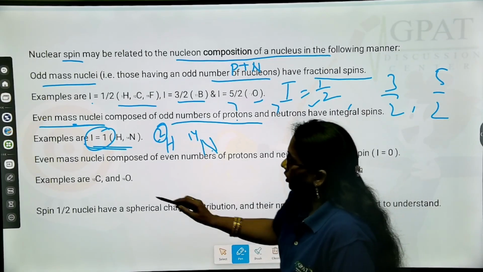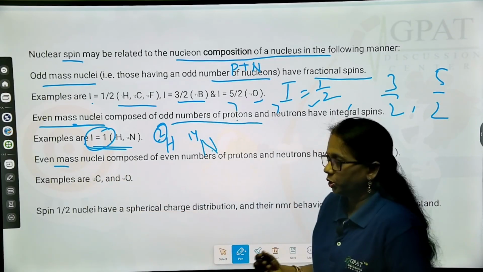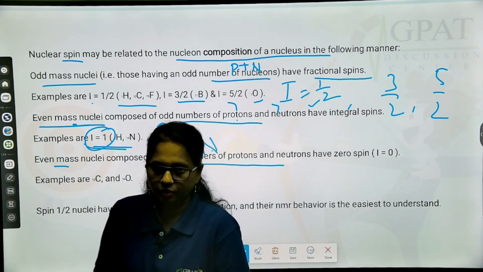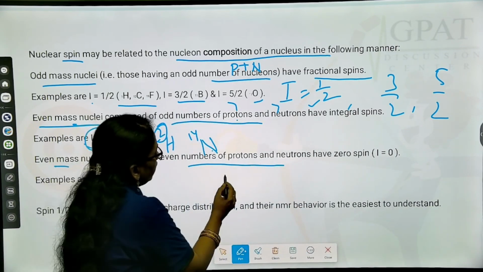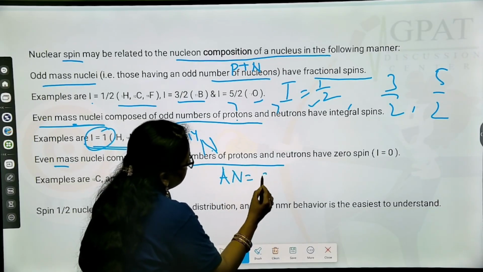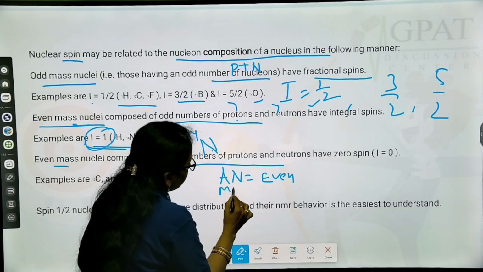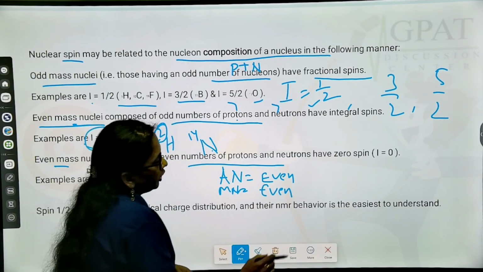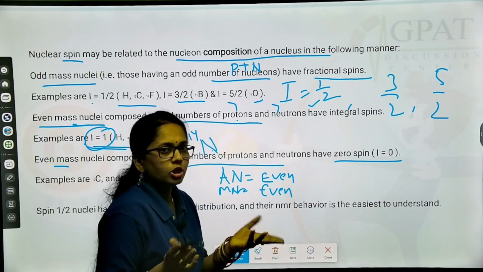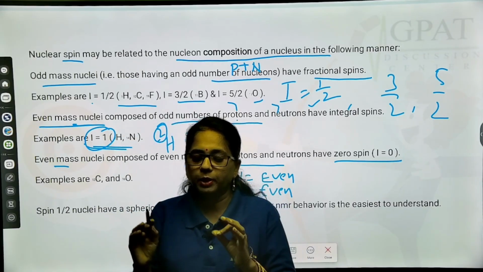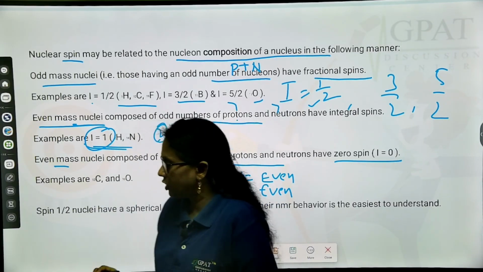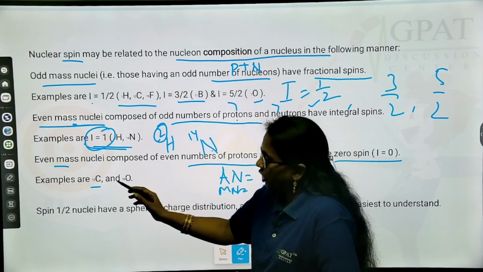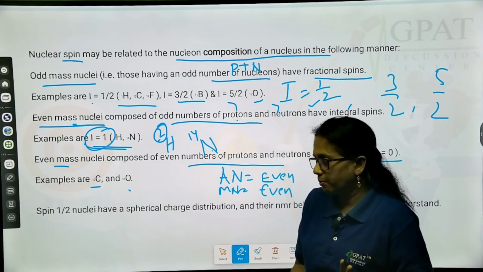But where an even number of protons and neutrons are present, that means the atomic number is even and the mass number is also even, in those cases you are going to see zero spin, no spinning at all. That means the spin quantum number is 0. Examples are C12 and O16. In these nuclei you are not going to see NMR absorption at all.